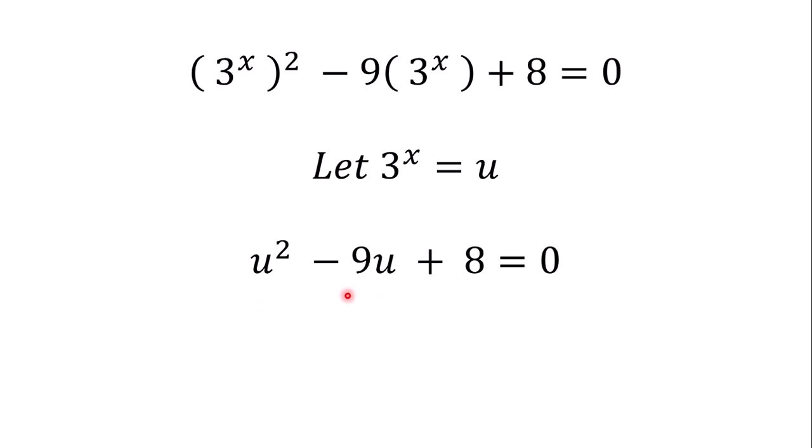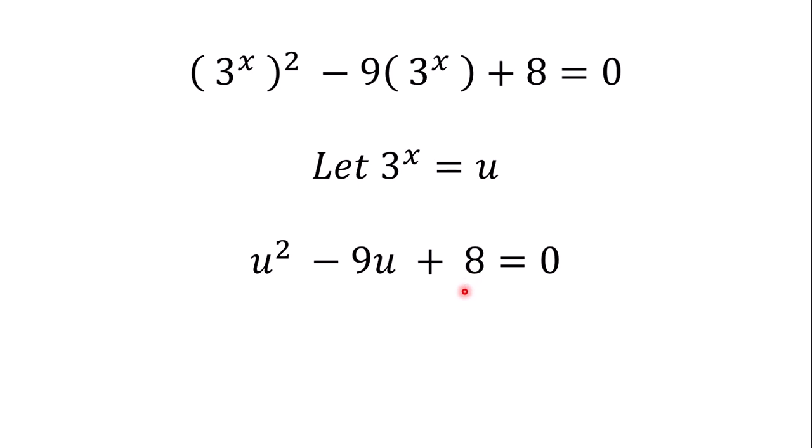Well, u squared minus 9u plus 8 is equal to 0. If you want to use the factorization, it has some procedures that you have to follow. First, multiply the coefficient of x squared by the constant.